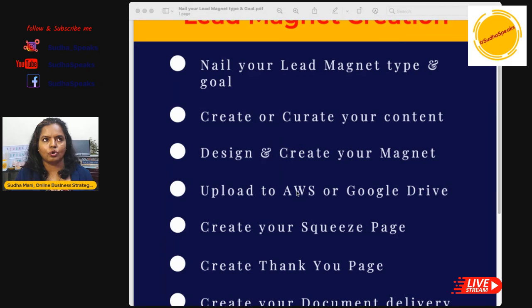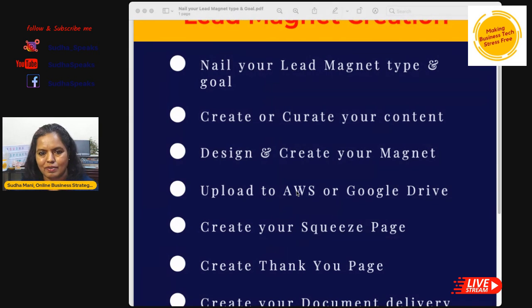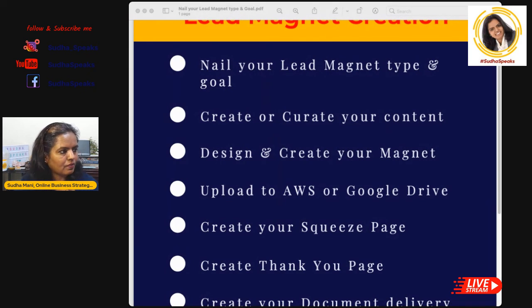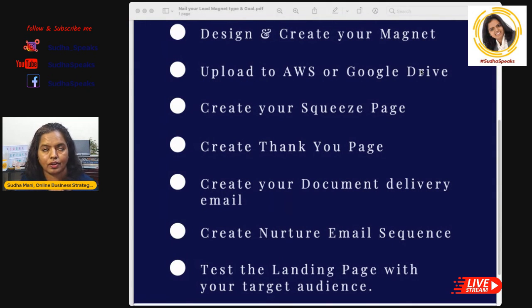So in future, if you're changing that lead magnet, you can go here and change it and upload it, so it doesn't make the link irrelevant, even if you've created that campaign. That's why I talk about this or Google Drive, where you can upload it. With Google Drive, yes, the link will change because of the ID which they create.